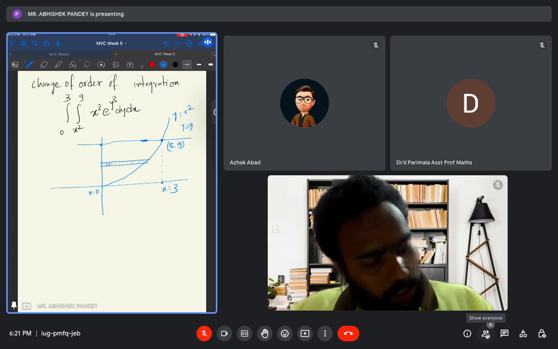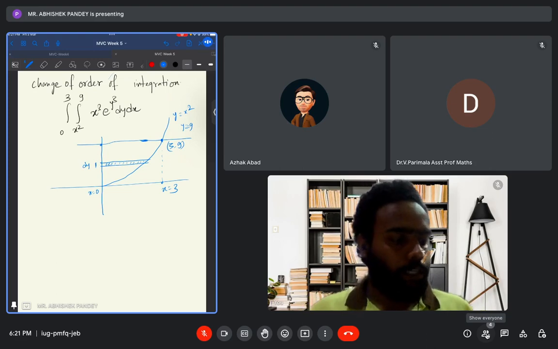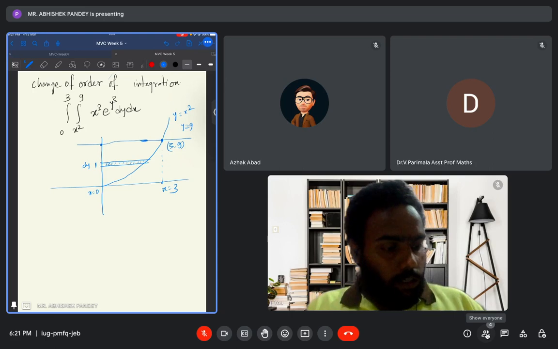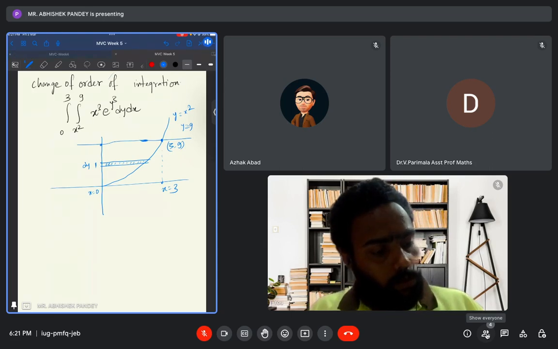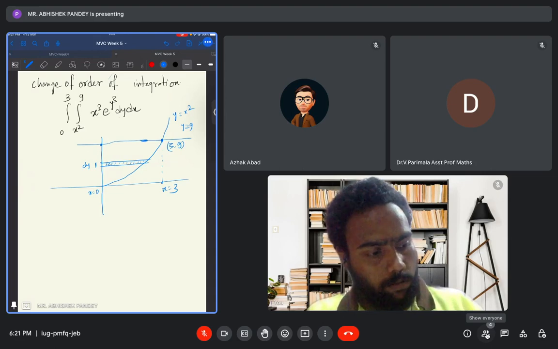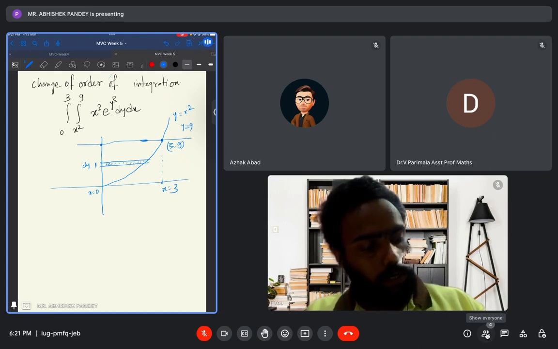So this is basically your dy. Now, what is your x on this one? On this grid, we will rotate like this, so this will go here and like this.